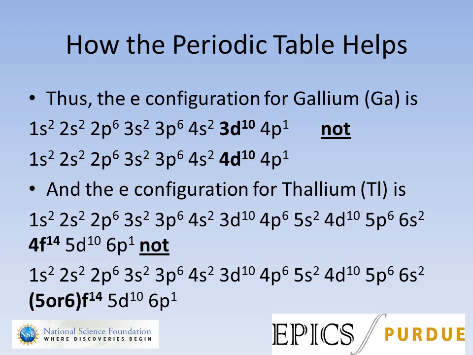And the electron configuration for thallium is 1s2, 2s2, 2p6, 3s2, 3p6, 4s2, 3d10, 4p6, 5s2, 4d10, 5p6, 6s2, 4f14, 5d10, 6p1, not 1s2, 2s2, 2p6, 3s2, 3p6, 4s2, 3d10, 4p6, 5s2, 4d10, 5p6, 6s2, and then a 6f14, 5d10, 6p1. Check the periodic table to see if these make sense.